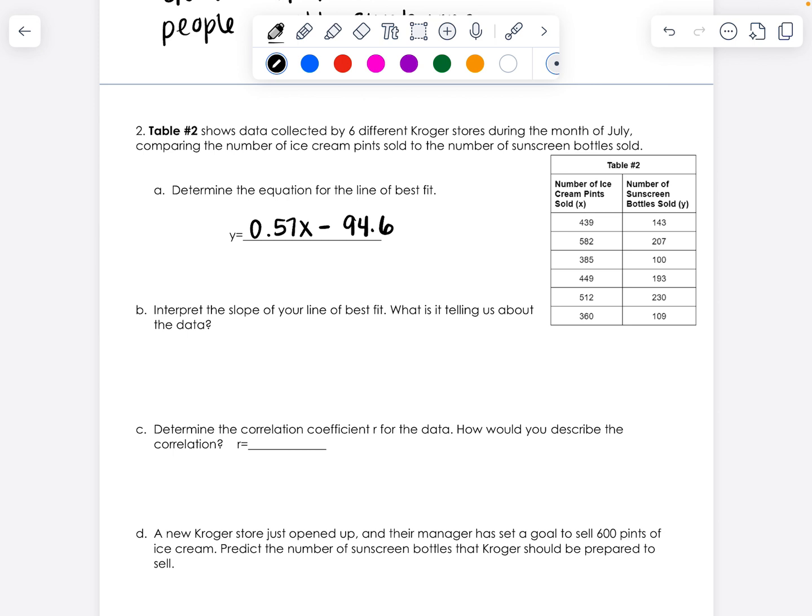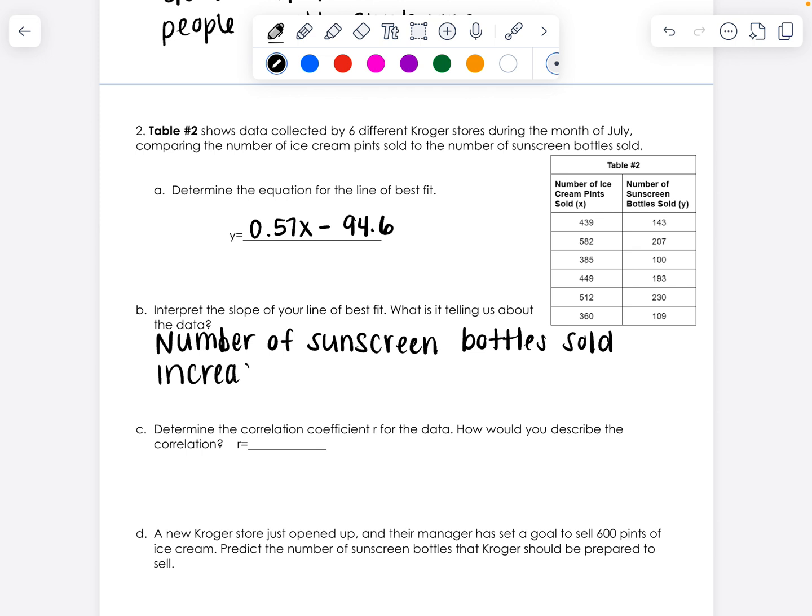Well, it's telling us the number of sunscreen bottles sold increases by 0.57 for each pint of ice cream sold.